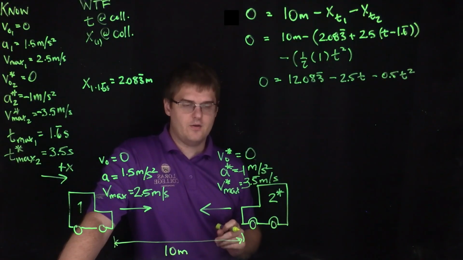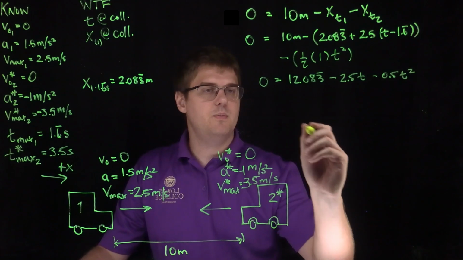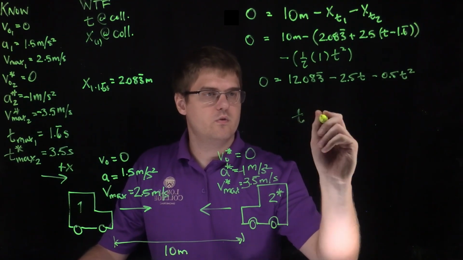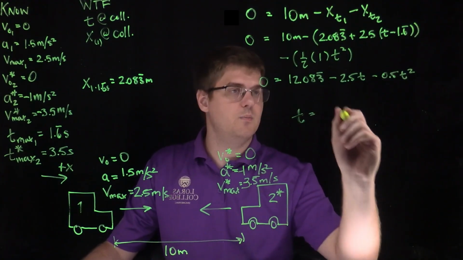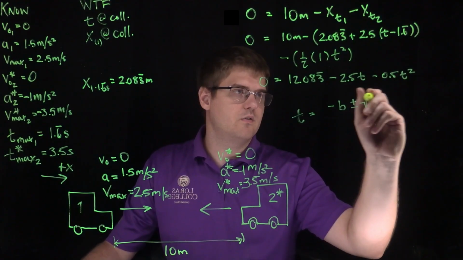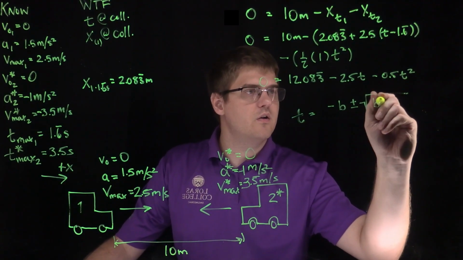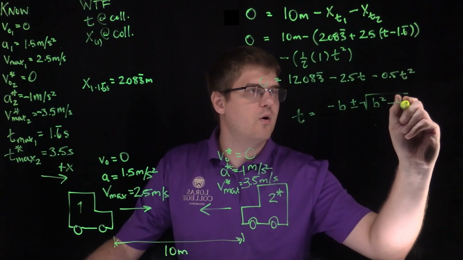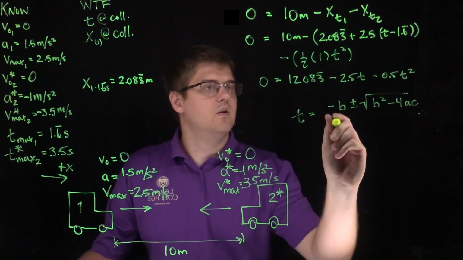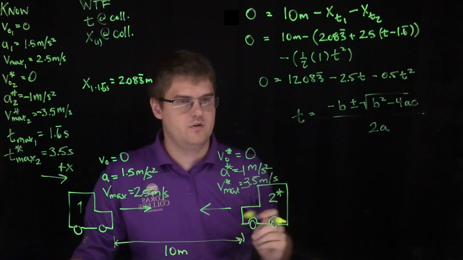And hopefully that reminds you of x equals the opposite of b plus or minus square root. So t is going to be equal to negative b plus or minus the square root of b squared minus 4ac, all over 2a.